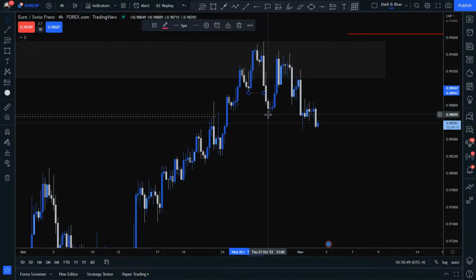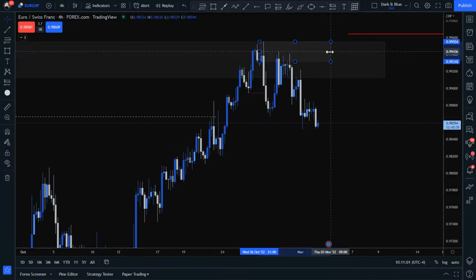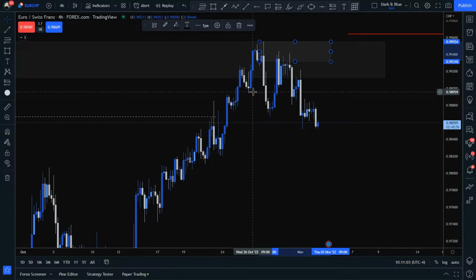Pulled up, we break it. As soon as that change of character happens, you have to come back up to the top to mark the zone that is responsible for this fractal structure break, right? And we marked it here. Price pulls back up, respects the high, and again gives another break of structure.